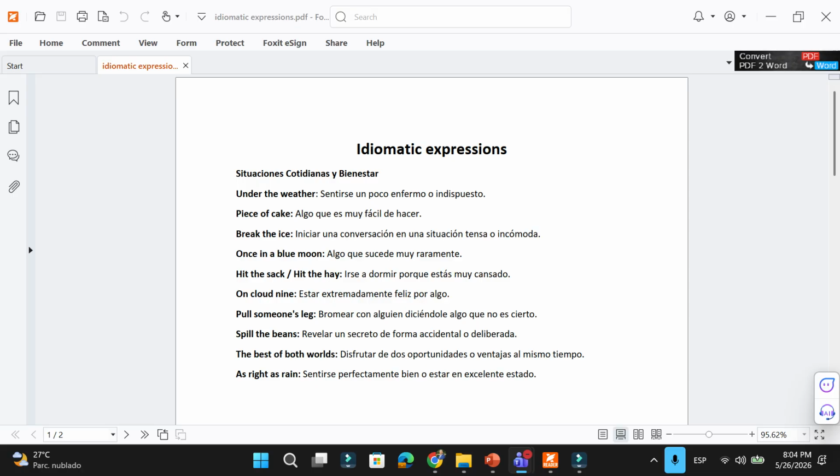So why are we using these idiomatic expressions? Why this topic? What is the importance of this? Well, in English, we have a lot of idiomatic expressions.